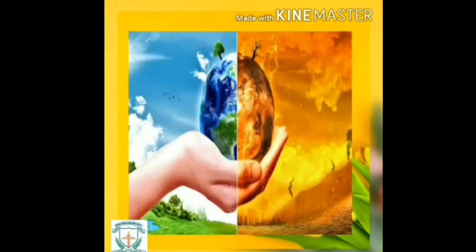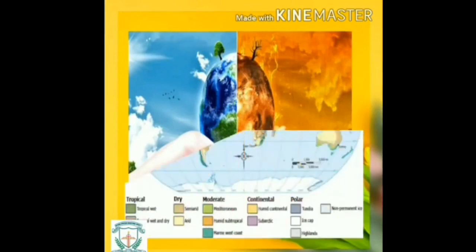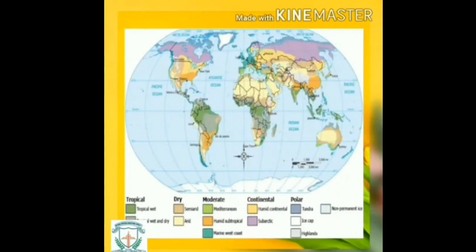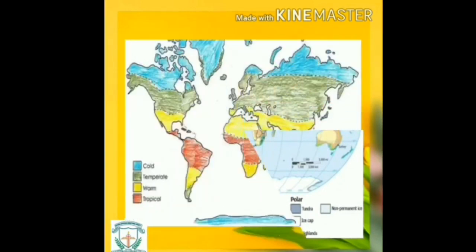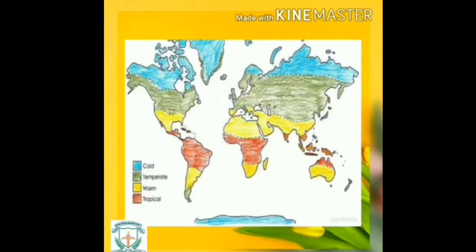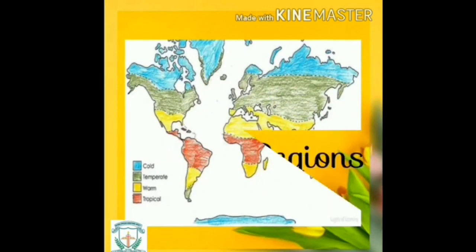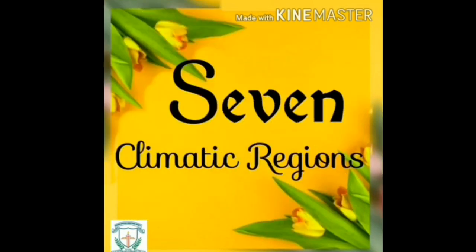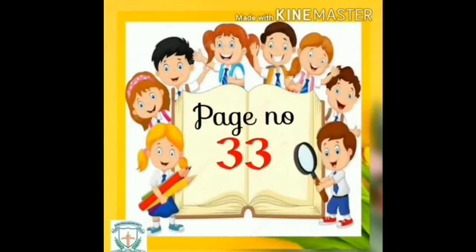The climate of a place remains more or less the same year after year. Different parts of the world have different types of climate. On the basis of the prevailing climatic conditions, the world can be divided into 7 major climatic regions.